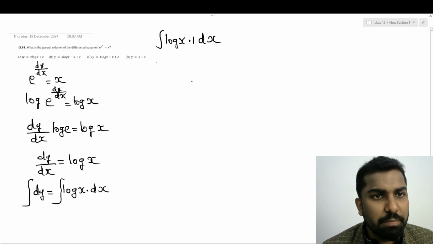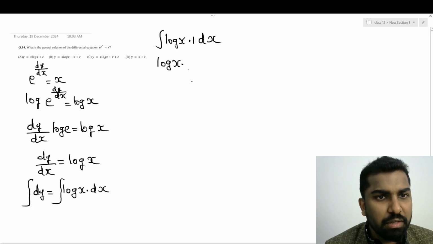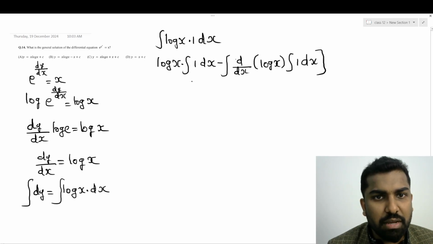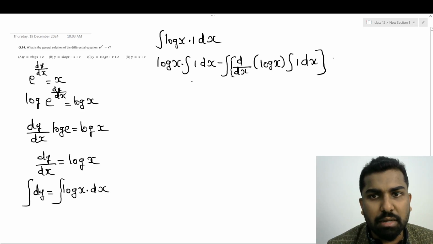Applying integration by parts, it becomes log x into the integral of 1 dx, minus the integral of d by dx of log x into the integral of 1 dx. This we have to do for finding the integral of log x.